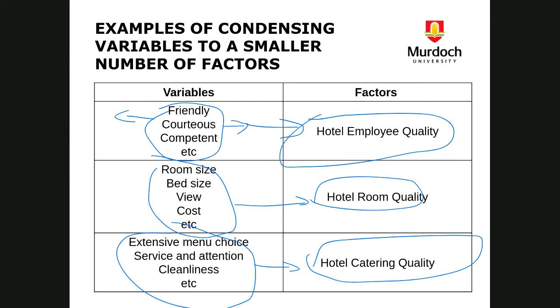So in general, this is PCA factor analysis: simplifying, condensing, reducing the number of variables, but having stronger and more representative variables.